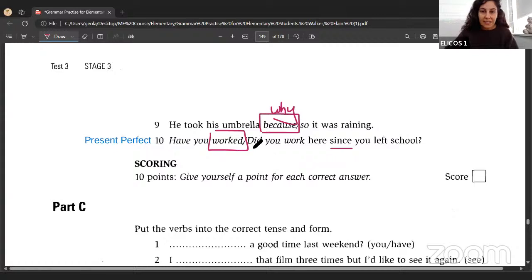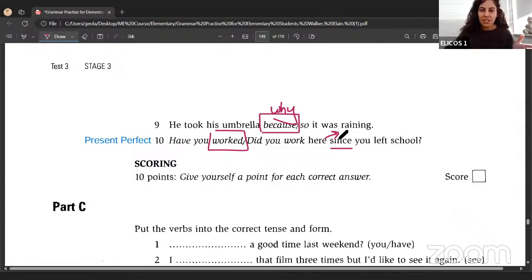Now this one, did you work here, is only if I was to make a sentence like, because it's a past simple. So did you work here last night? So it's like a finished, completed action in the past. Did you work here last year? Okay, did you work here in the morning?